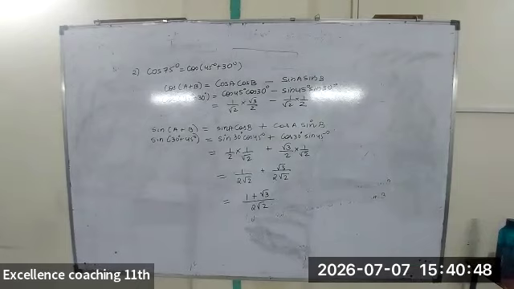Write like this. Cannot write like this. You have to write cos 30. Otherwise you can go wrong. 30 into 45 will give you some other number, no? Understood, no?